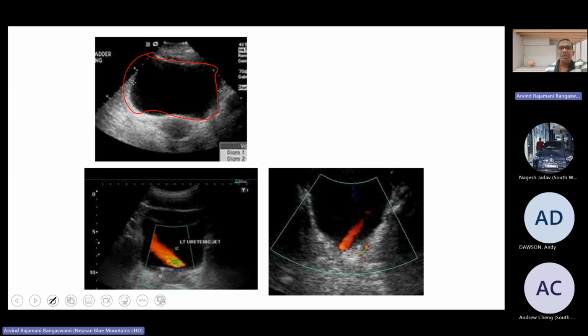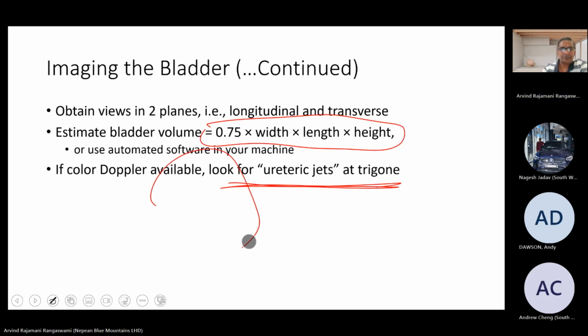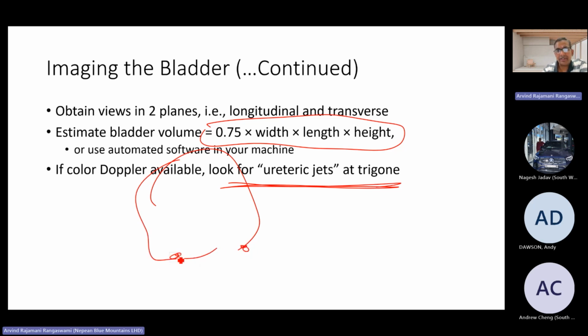Okay, so now what is the ureteric jet? At the trigone of the bladder, you have the entry of the right ureter and the left ureter.